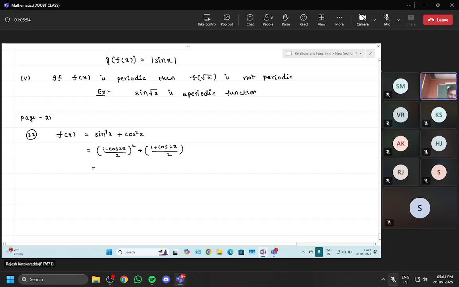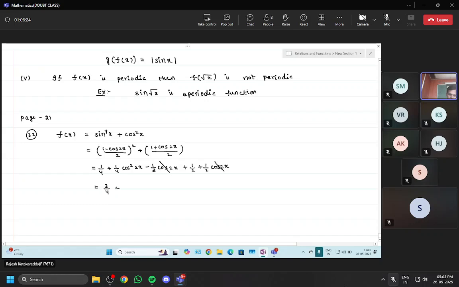Now again, this is 1 by 4 plus 1 by 4 into cos square 2x minus 1 by 2 into cos 2x plus 1 by 2 plus 1 by 2 into cos 2x. These two terms gone. Remaining is 1 by 4 plus 1 by 2 is 3 by 4.